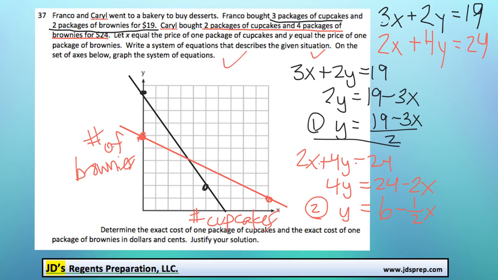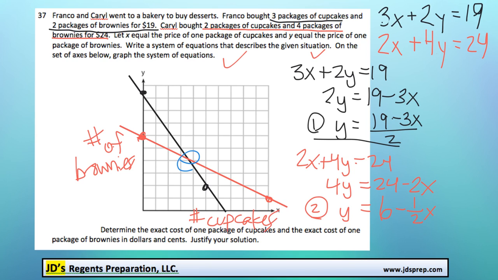Last part of the question is asking us to determine the exact cost of 1 package of cupcakes and the exact cost of one package of brownies in dollars and cents. Now, there are two different ways of doing this. One is that we could solve this system of equations by finding where they intersect using our graphing calculator.